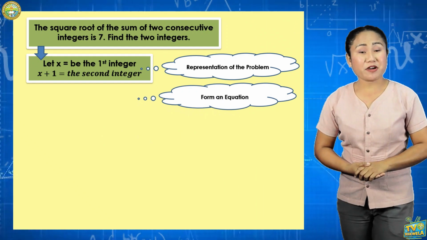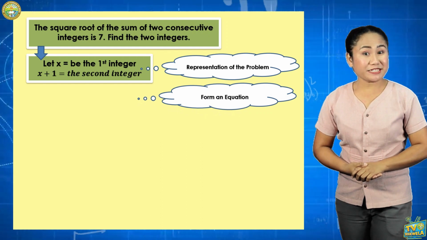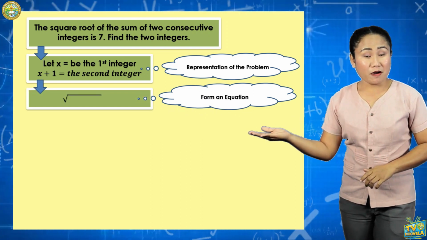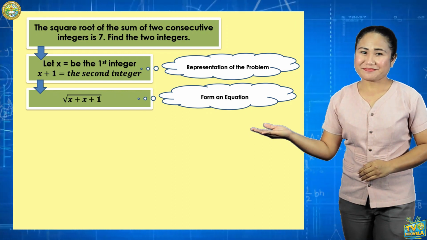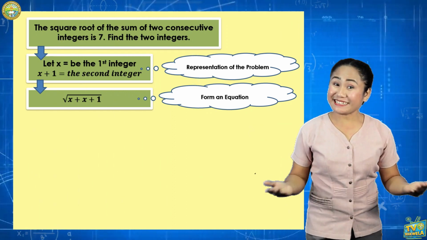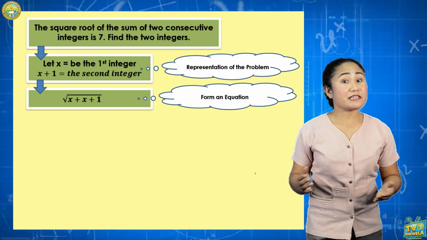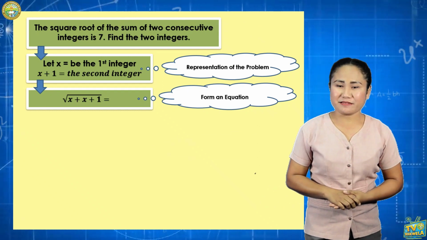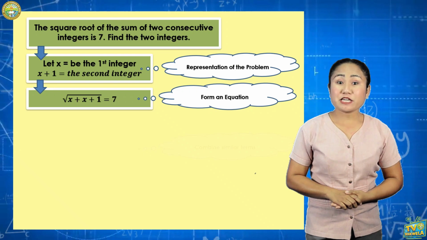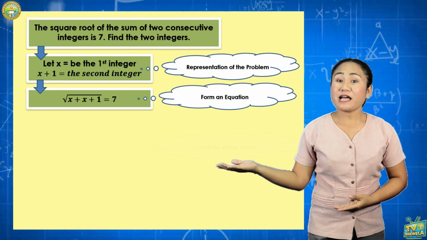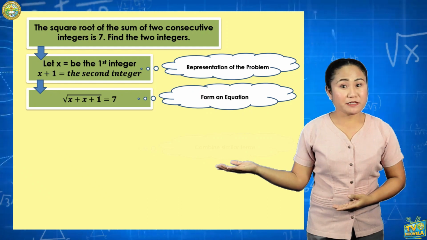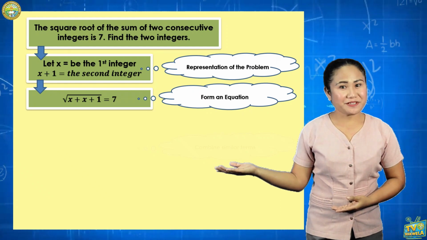The square root of that sum will be written as square root of x plus x plus 1. Finally, we will equate this expression to 7. Therefore, the equation is square root of x plus x plus 1 equals 7.